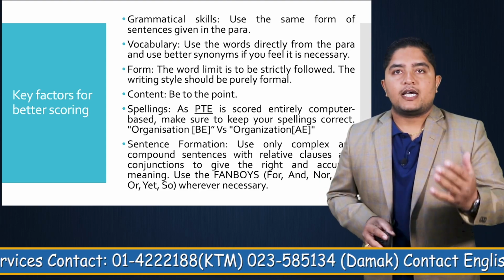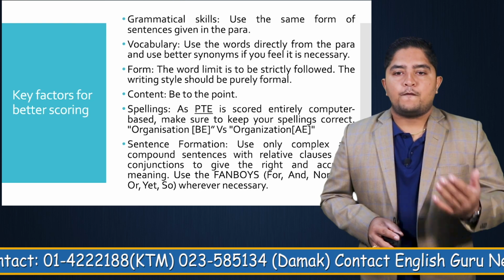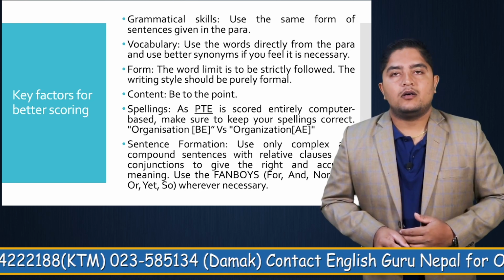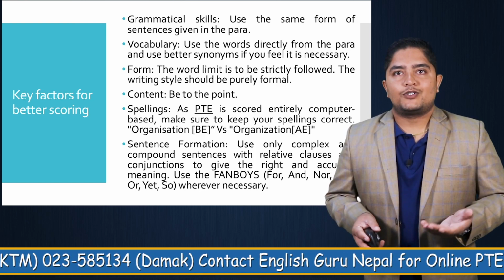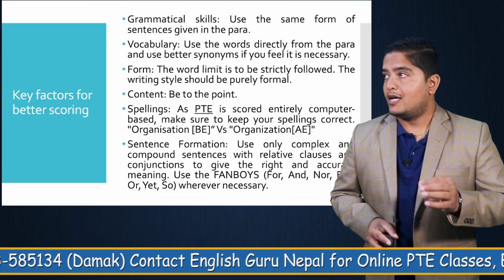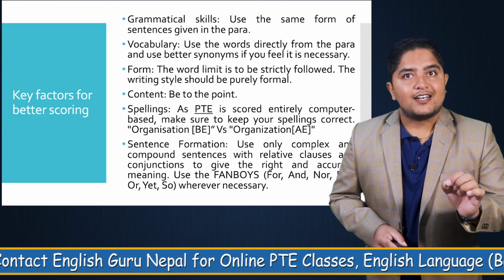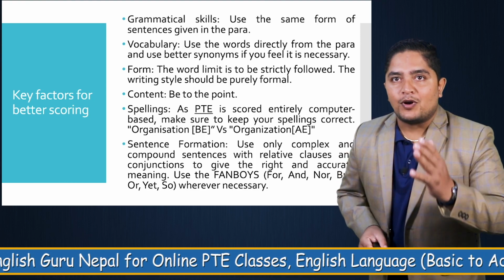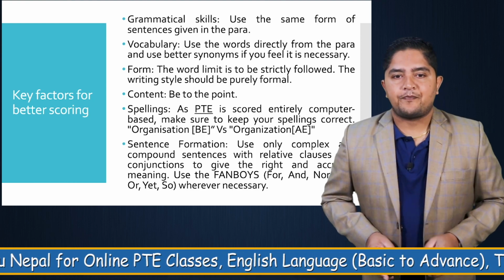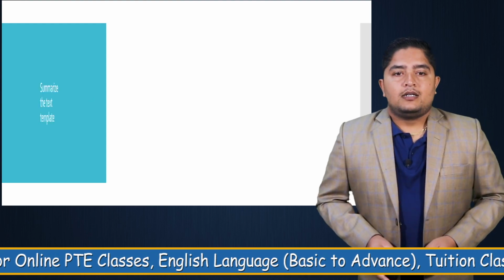For example, you can use FANBOYS, which means for, and, nor, but, or, yet, so. You can use these as connectors to make your sentence longer and to include more and more ideas.